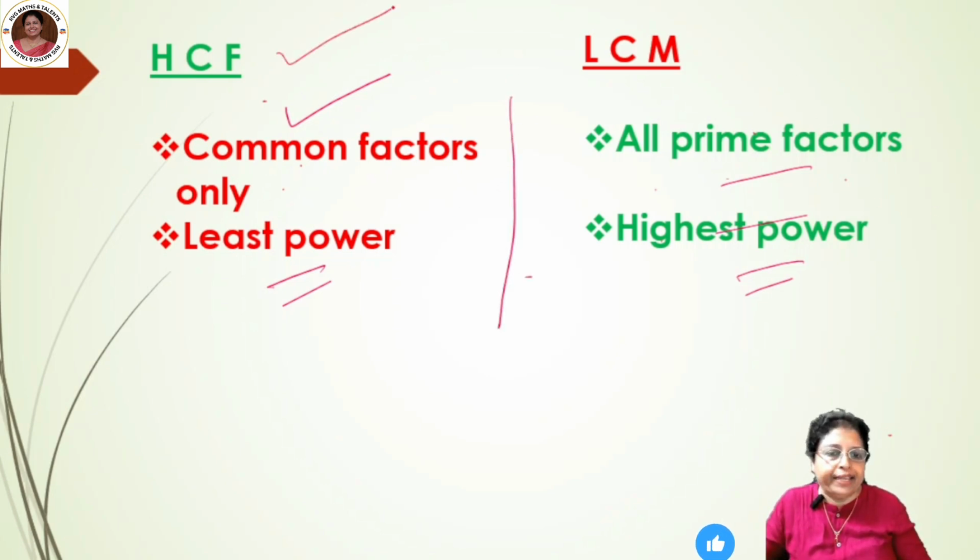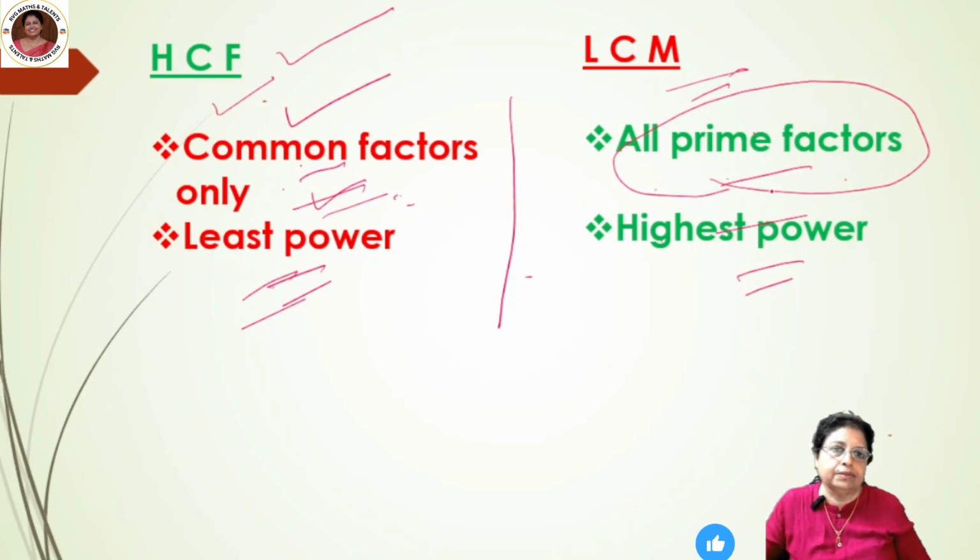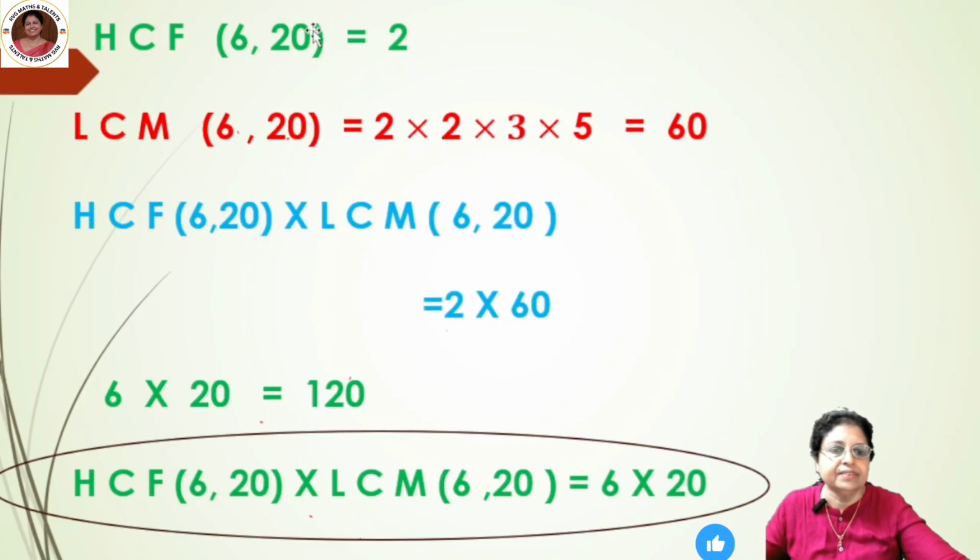In the case of HCF, remember common factors only and least power. In the case of LCM, we take all prime factors involved, list out all prime factors and their highest power. That is LCM.